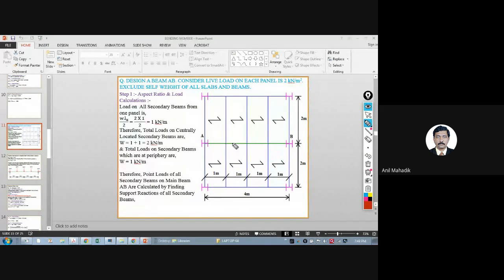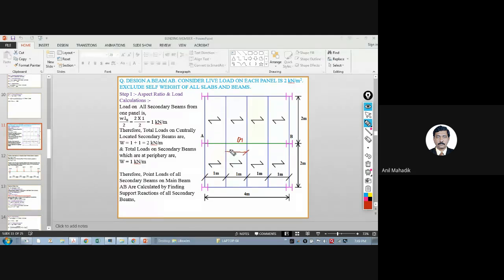This is our beam under consideration, and let's say we are not giving any shear connector to this slab for the time being. Let's say I still want to design this beam B1, but there are secondary steel members connected to this.